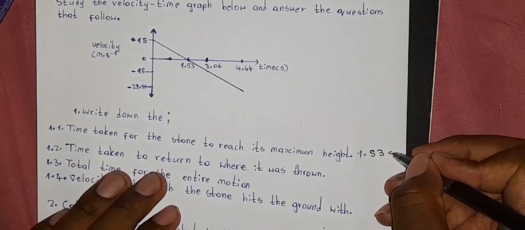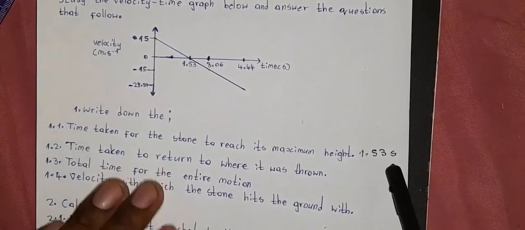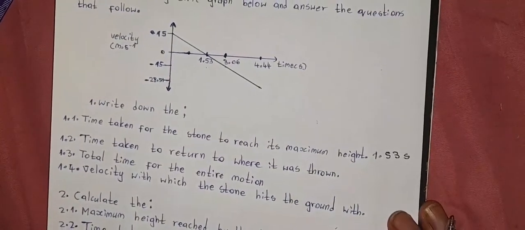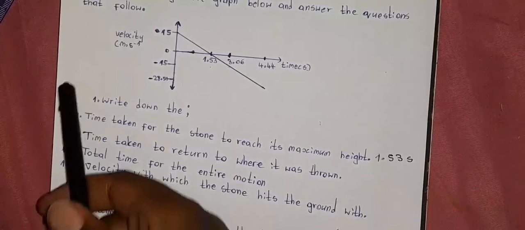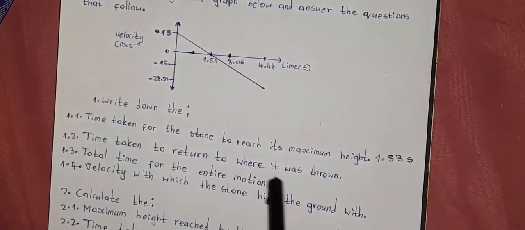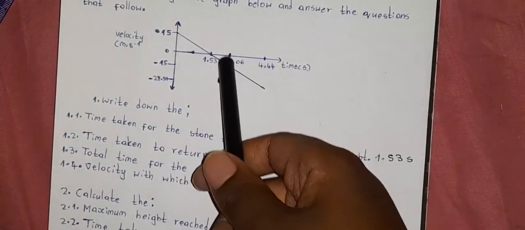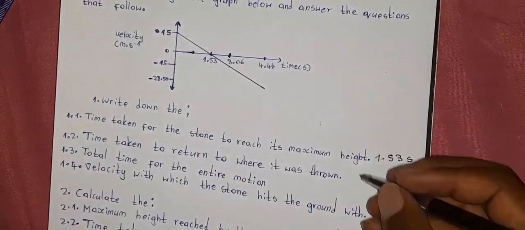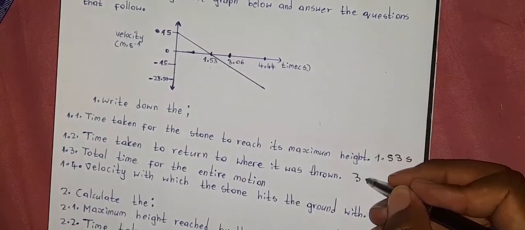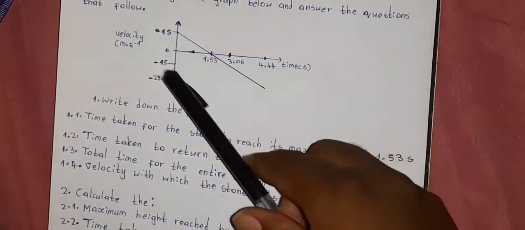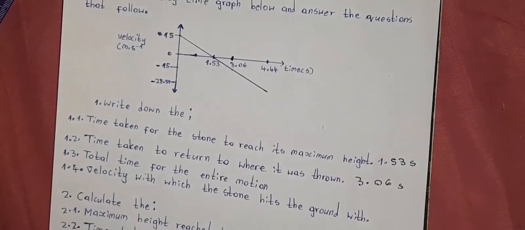Do not forget the units. Don't just write 1.53. Write 1.53 seconds. So write down the time taken to return to where it was thrown. So it's 3.06 seconds. It takes 3.06 seconds to return to where it was thrown.